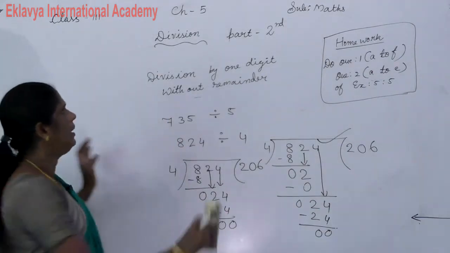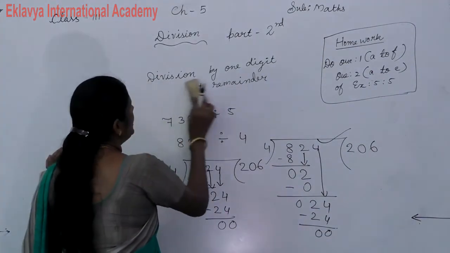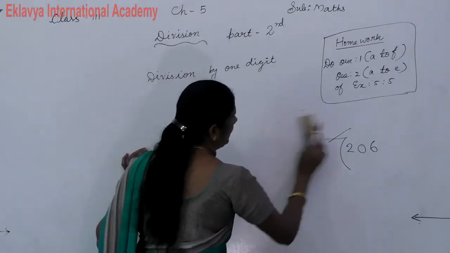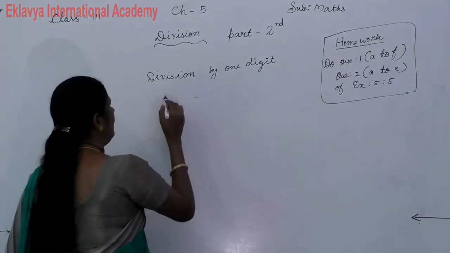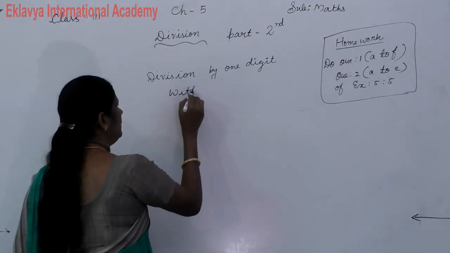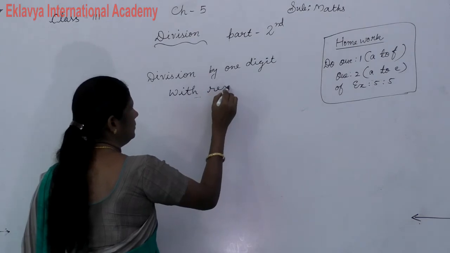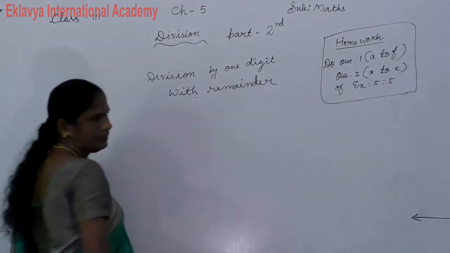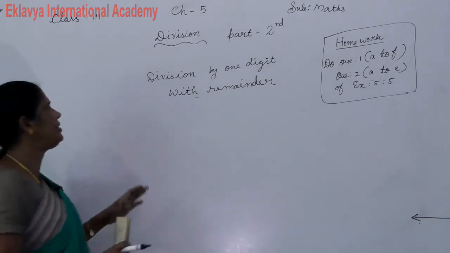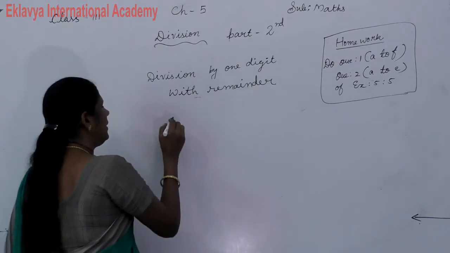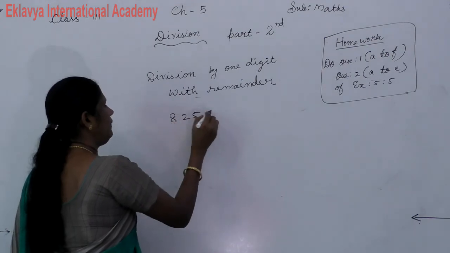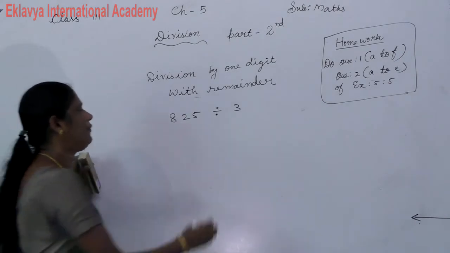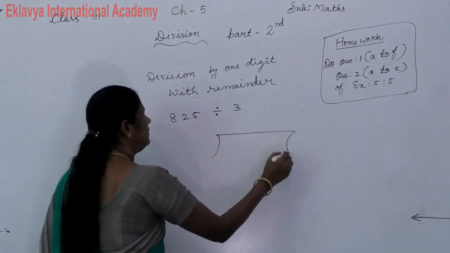Then next, division by 1 digit with the remainder. Division by 1 digit with the remainder. Then 825 divided by 3. First you divide.